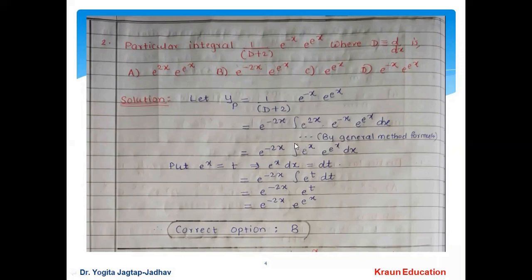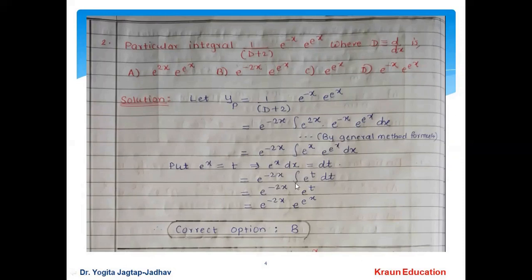Therefore, again, I would like to simplify this integration. For this, again, we use the substitution method. Choose e raised to x equals t, and its derivative is e raised to x into dx equal to dt. Using it in the above integral, we keep the outer term e raised to minus 2x as it is. The e raised to x dx together forms the dt, and the exponent present here is replaced by t.